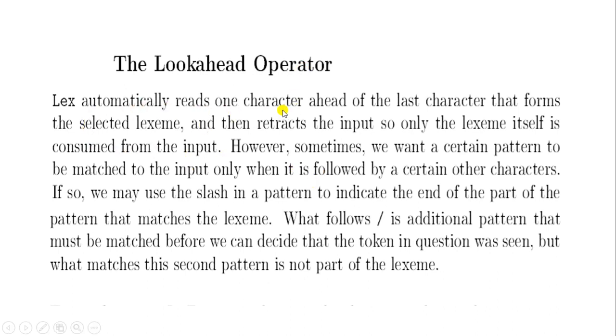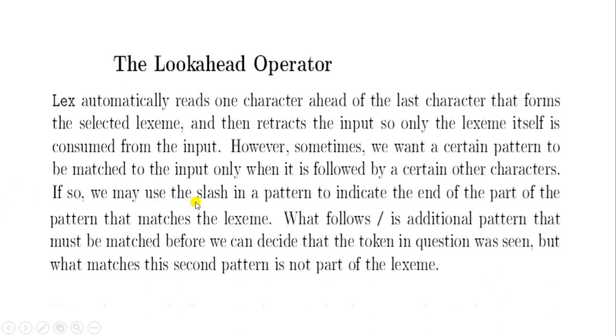Lex automatically reads one character ahead of the last character that forms the selected lexeme and retracts the input, so only the lexeme itself is consumed from the input. However, sometimes we want a certain pattern to be matched only when it is followed by certain other characters.